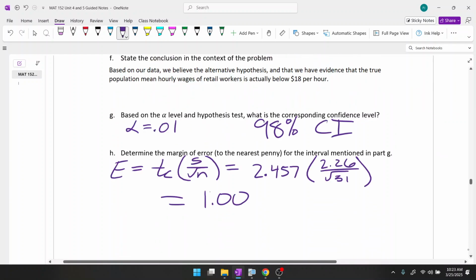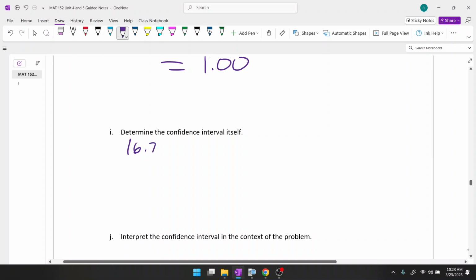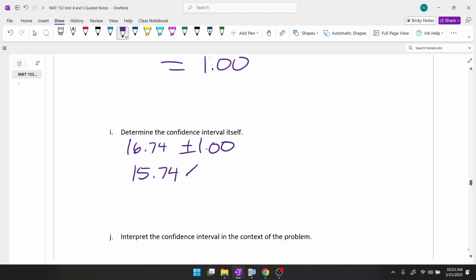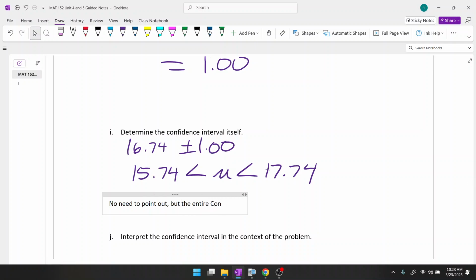So the confidence interval is your sample mean plus or minus that. So 16.74 plus or minus $1, 15.74 to 17.74. Now, if you notice, this entire confidence interval is below $18. The entire confidence interval is below $18.